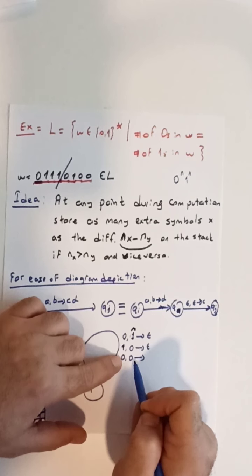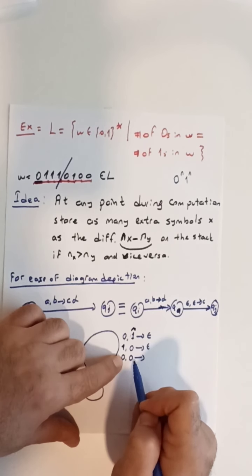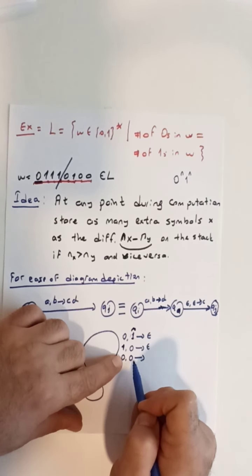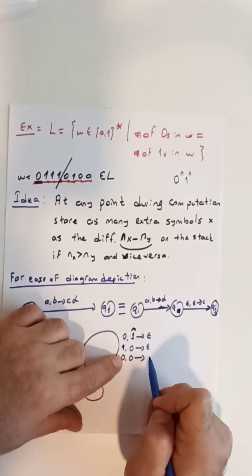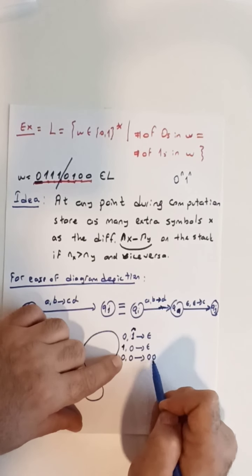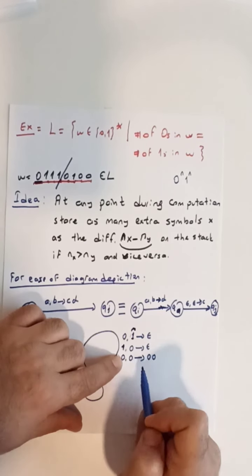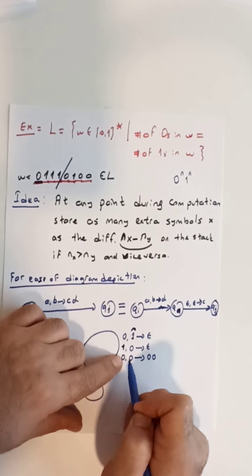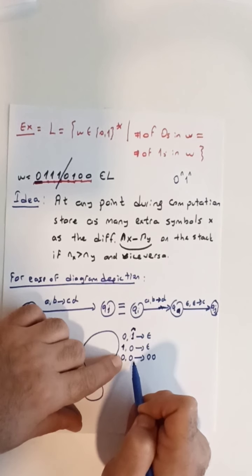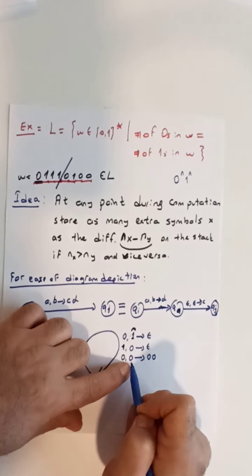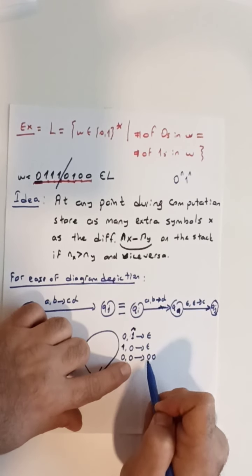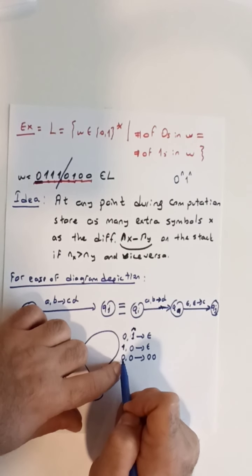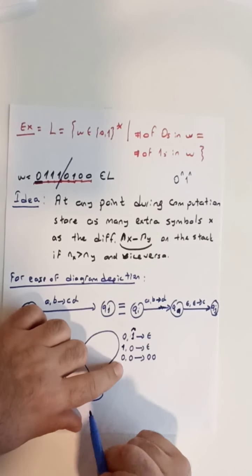And yet we have seen another extra 0, which means that we have to increment the difference which is stored in the stack by 1. To do this, we need to push 2 zeros on the stack, because 1 push corresponds to the popped symbol 0, because this is naturally a pop, and the second 0 corresponds to the extra 0 that we have seen in the input.